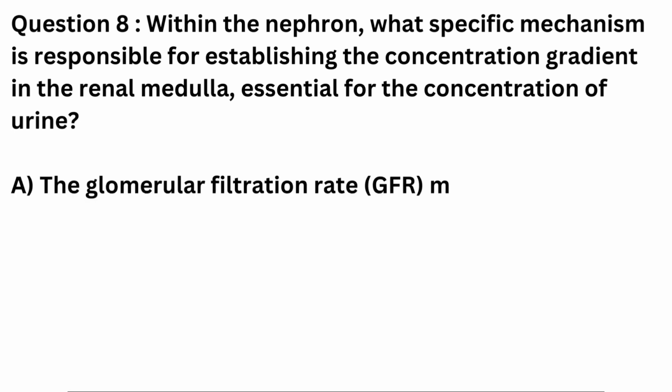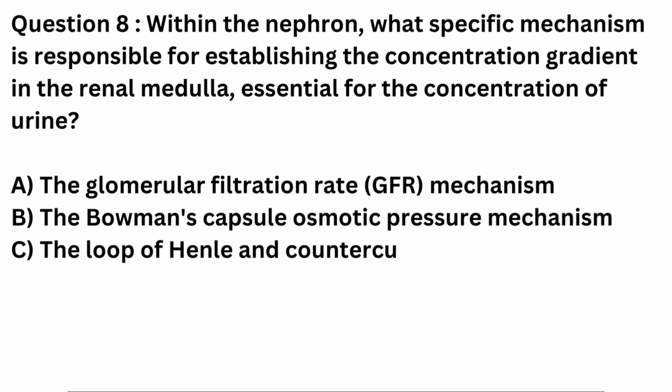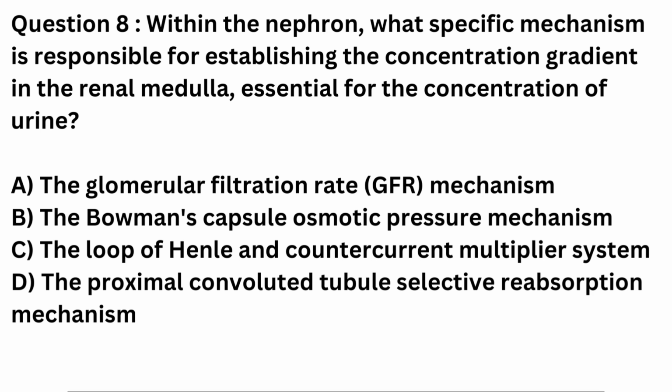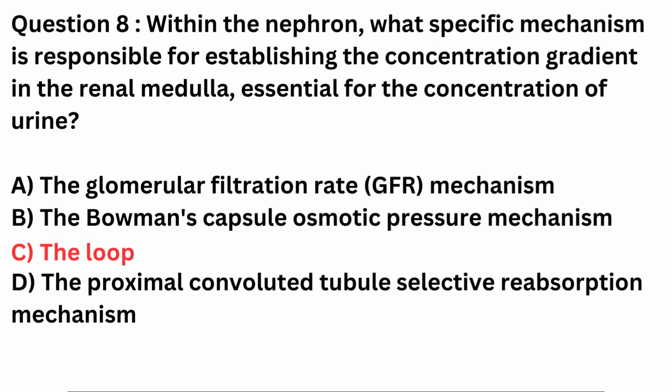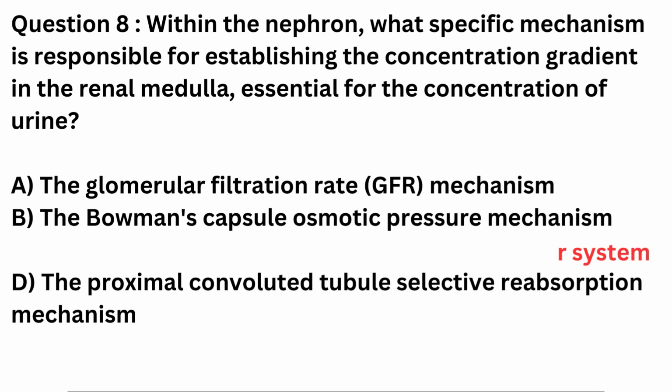B. The Bowman's capsule osmotic pressure mechanism. C. The loop of Henle and countercurrent multiplier system. D. The proximal convoluted tubule selective reabsorption mechanism. Correct answer is C. The loop of Henle and countercurrent multiplier system.